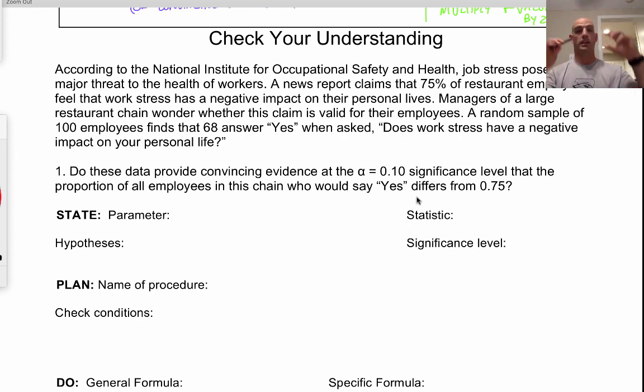So, the claim is 0.75. This manager got 0.68 at an alpha level of 0.10. Is there convincing evidence against the null? Is there convincing evidence to say, nah, that news report is phony? That's not true. So, let's state our parameters. In this case, the proportion, p, is going to be equal to the proportion of employees who say yes.